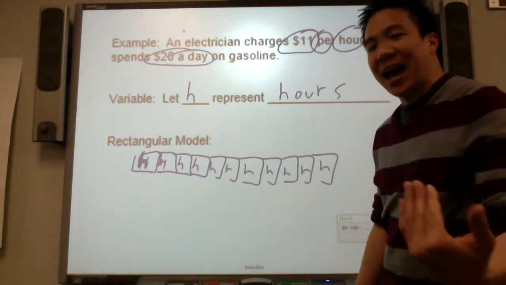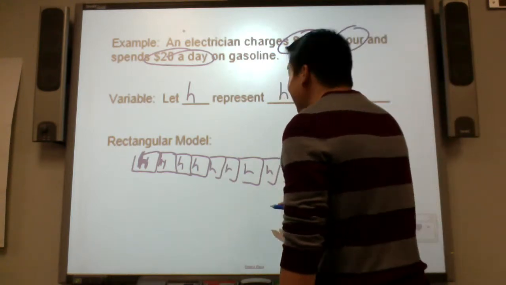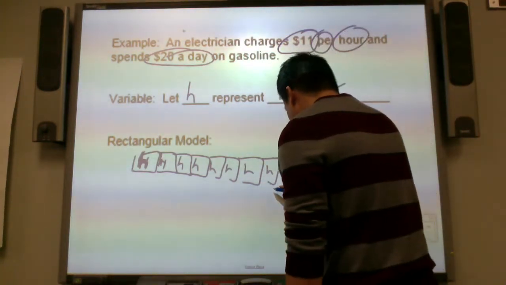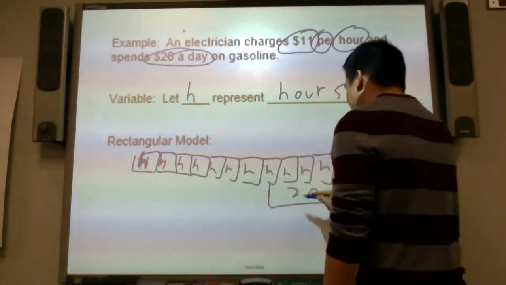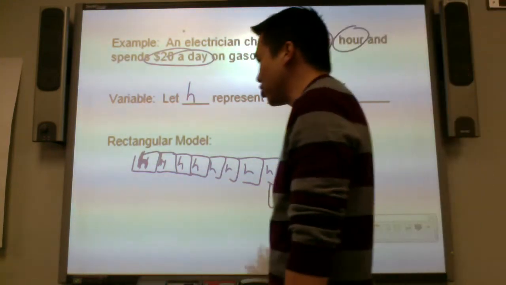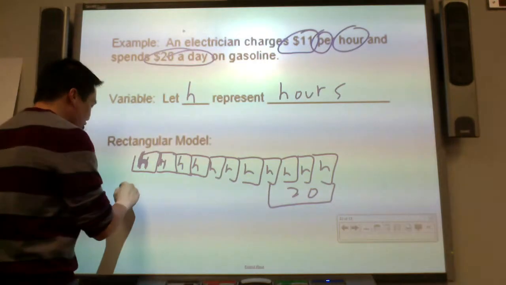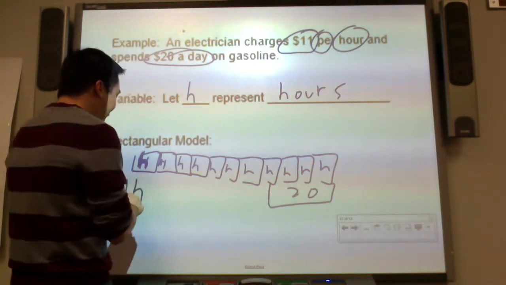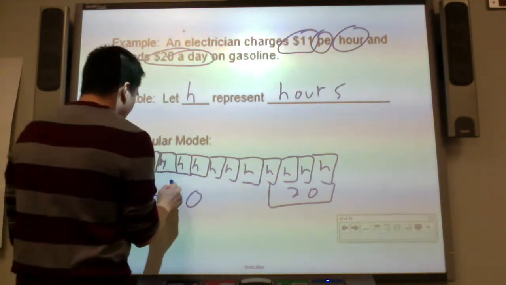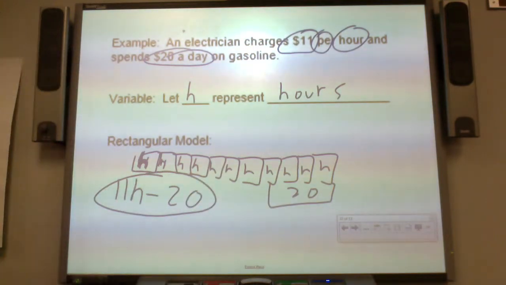When he spends, is that adding or subtracting? Subtracting. He spends $20 a day. So we need to take away 20 from this. So how would you write this? How many H's do you have? 11 H's. So it's $11 an hour. He spends $20. So this is the algebraic expression.